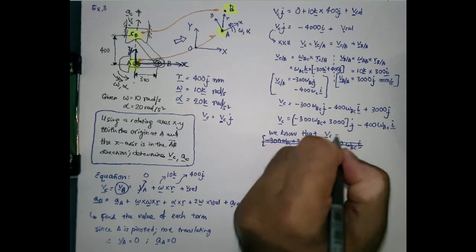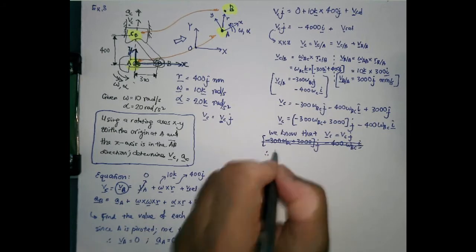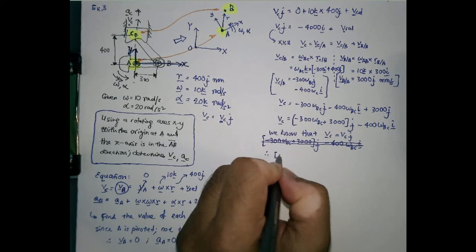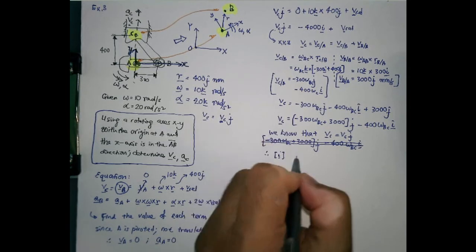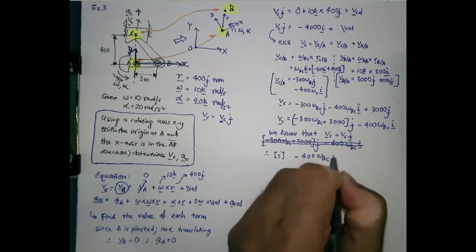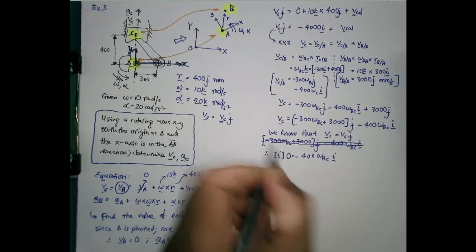VC equals VC J. Therefore, looking at J part or looking at I part, we know that minus 400 omega BC I equals 0. This is 0, yeah?